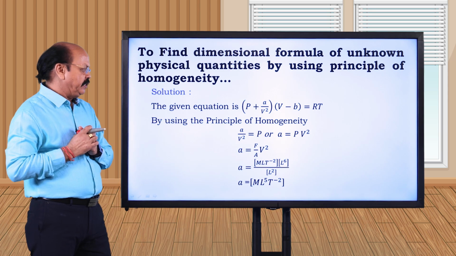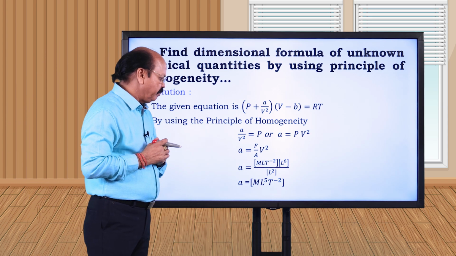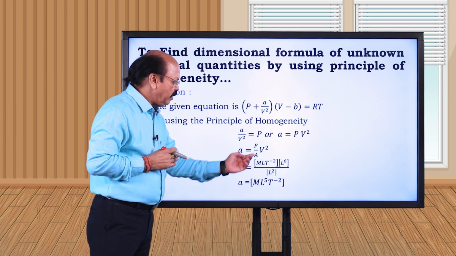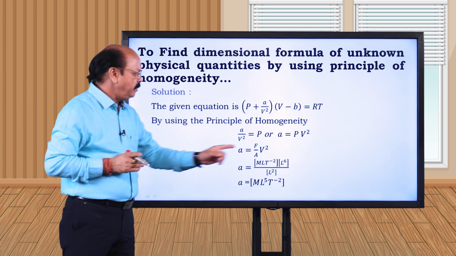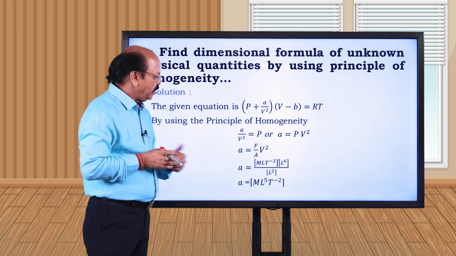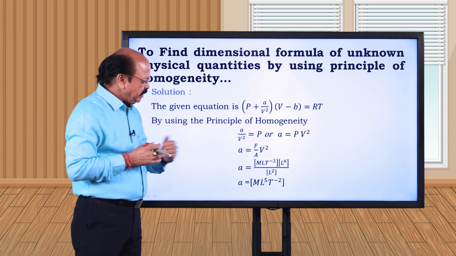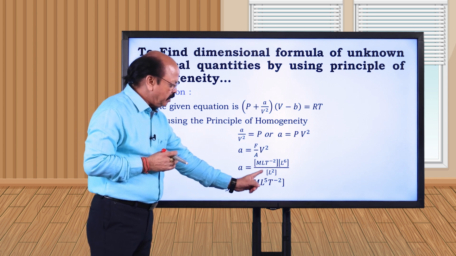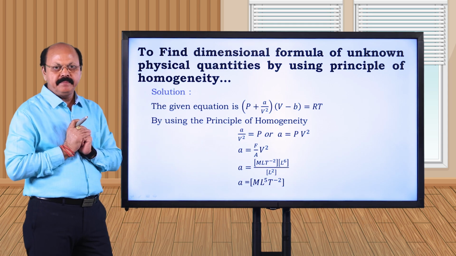Now, we have to substitute the dimensional formulas of force, area and volume. Then you will get a equals [M L T^-2], and volume is L cubed and it is squared, that becomes L raised to the power 6, divided by area L squared. Simplify it, then we will get a equals [M L^5 T^-2].